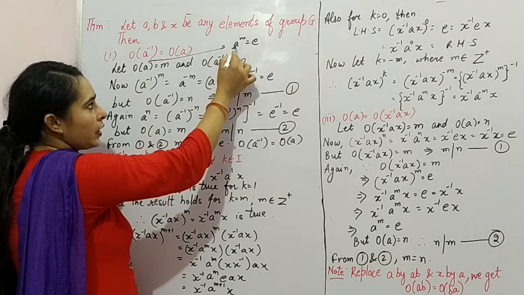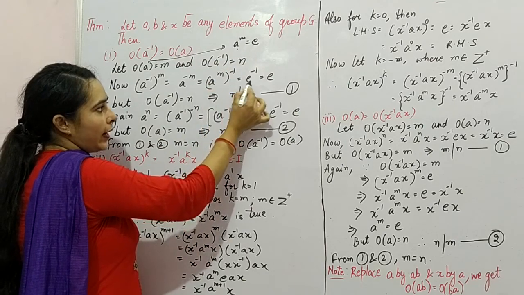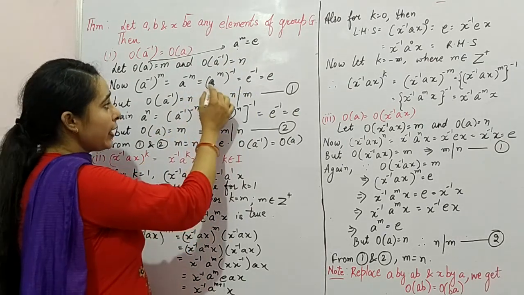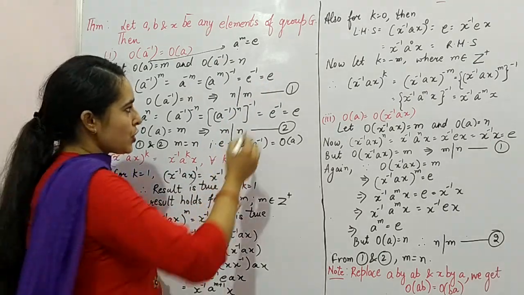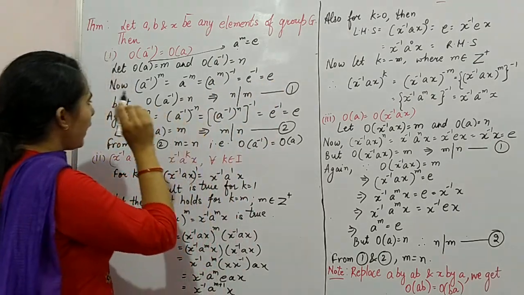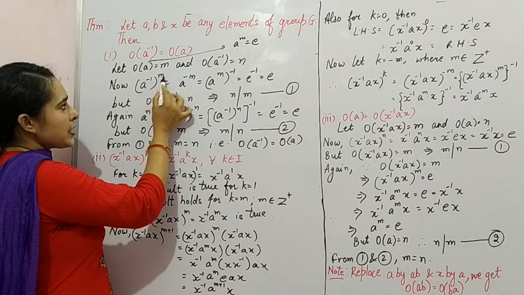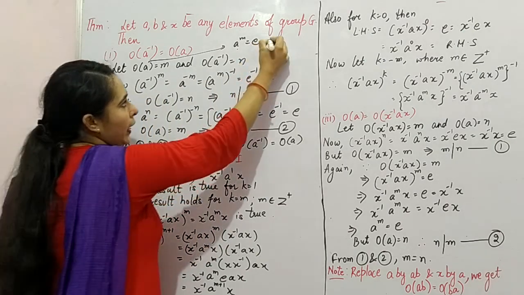Now substitute a raised to the power m equal to identity here. We have e raised to the power minus 1, and the inverse of identity is identity. So we get a inverse raised to the power m is equal to identity.